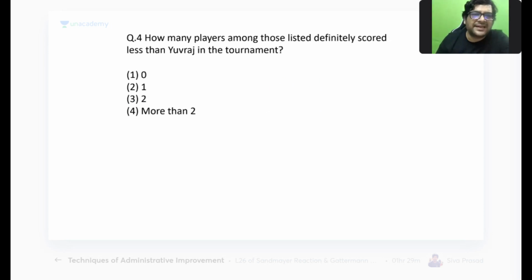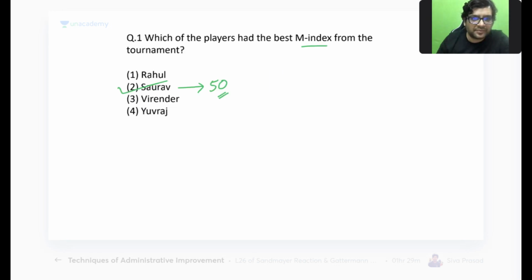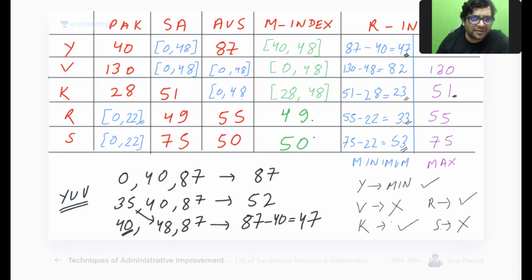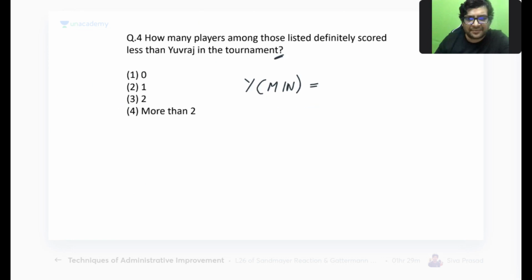How many players definitely scored less than Yuvraj? So what is the minimum that Yuvraj has scored? Minimum that Yuvraj has scored is 40 plus 0 plus 87, which is 127.